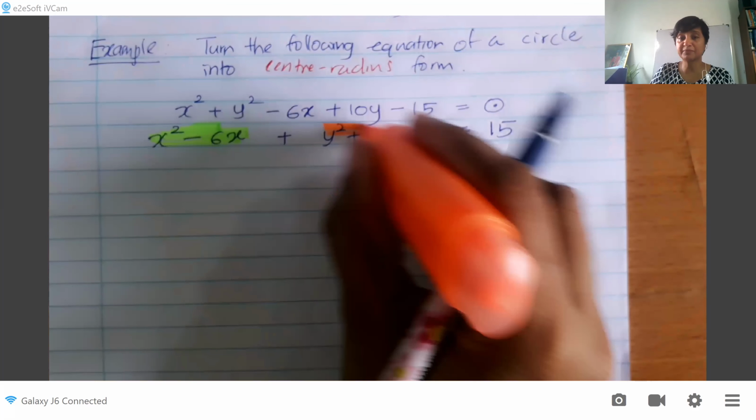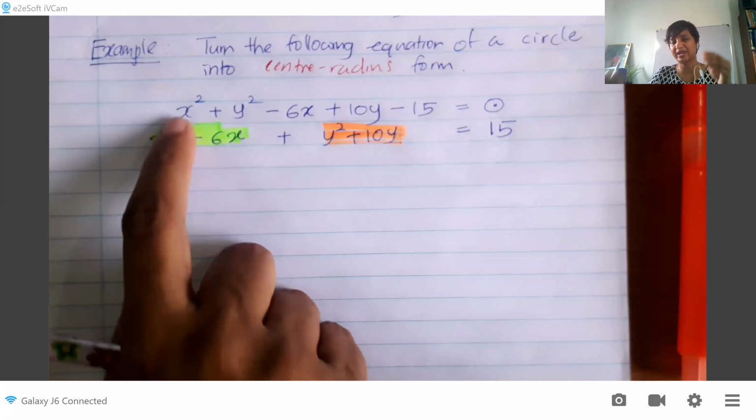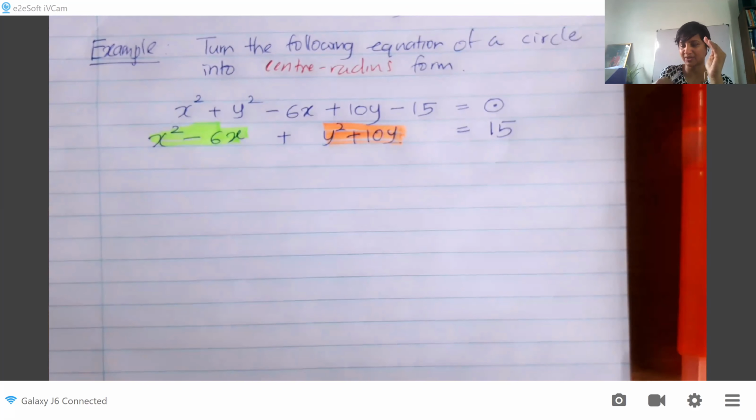And I'm going to complete the square for this and complete the square for that. Because I know when I complete the square, here I have x square and x. When I complete the square, I get one bracket with just one x. So let's complete the square.